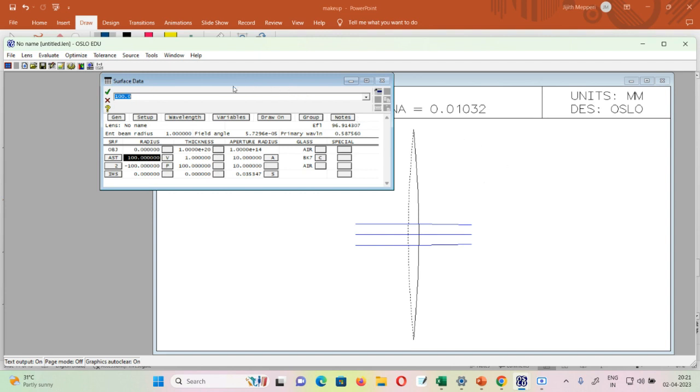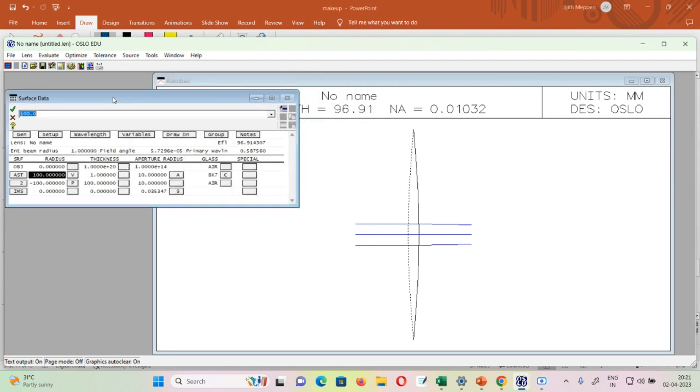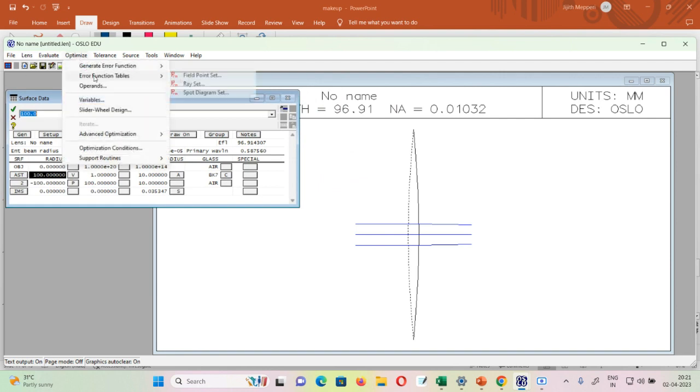So I will do as we saw in the class. We'll go for optimization, and see generator function.